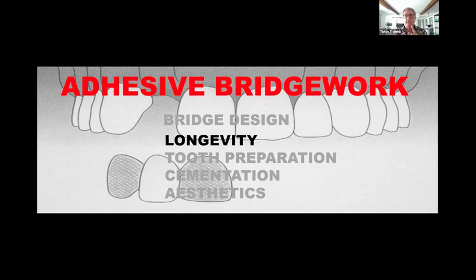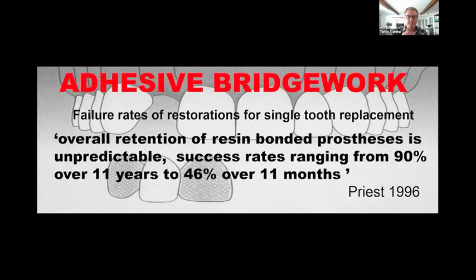And that means cantilever or fixed-movable design, not fixed. If you're going to do a fixed Maryland, we have to put in plenty of resistance retention form, which is tooth preparation. Let's look at longevity now.